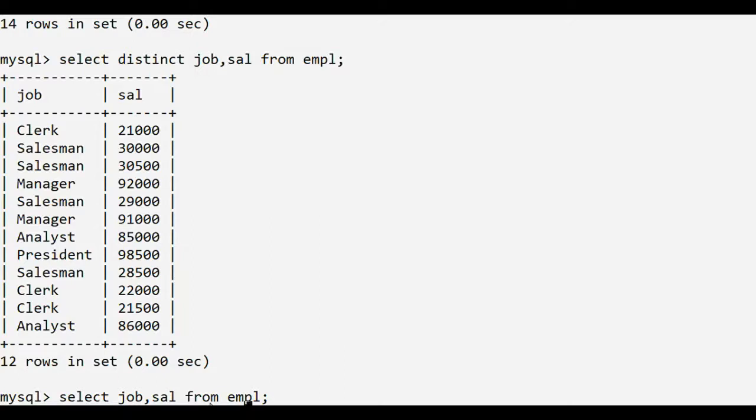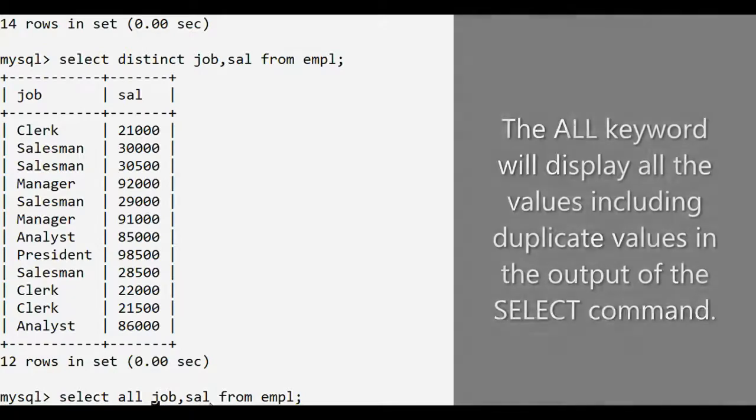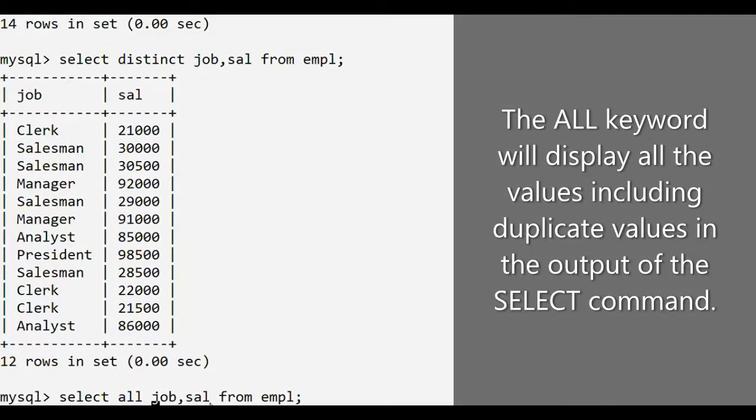There is another keyword which is called all that can be used in place of distinct. So if we write select all and then the names of the columns that will appear in the output, all means all the duplicate rows will appear in the output.